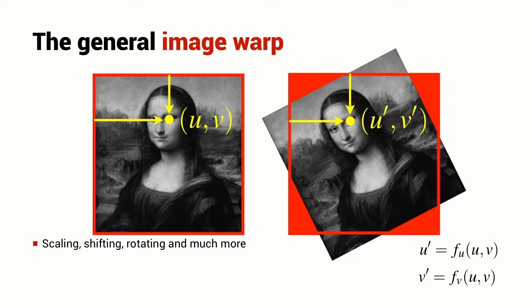So we can write a very general function, u prime as a function of the two input coordinates, and v prime as a function of the two input coordinates. So in these two general functions, fu and fv, we can describe scaling, shifting, rotating, various combinations of those, and many other kinds of very interesting distortions. You can do funhouse mirror effects and so on.